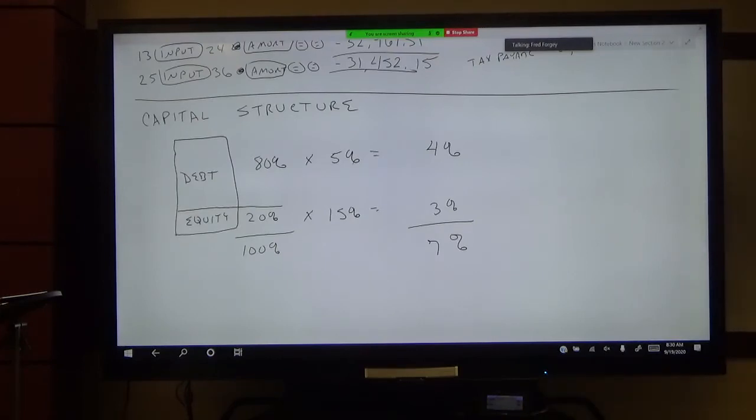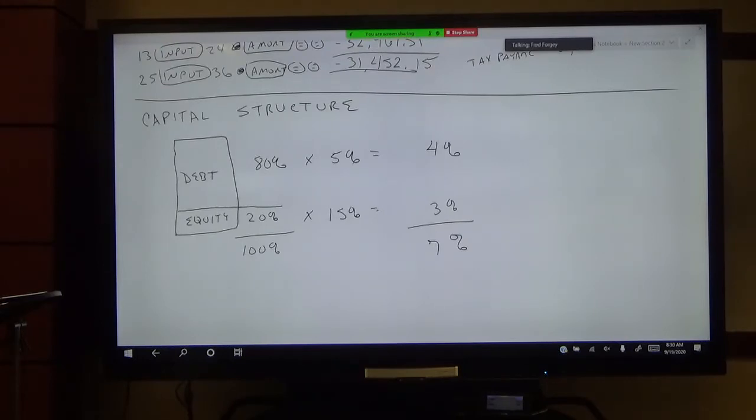So what that means is that the project overall has to return a 7% rate of return in order for us to meet the requirements of this particular capital structure.